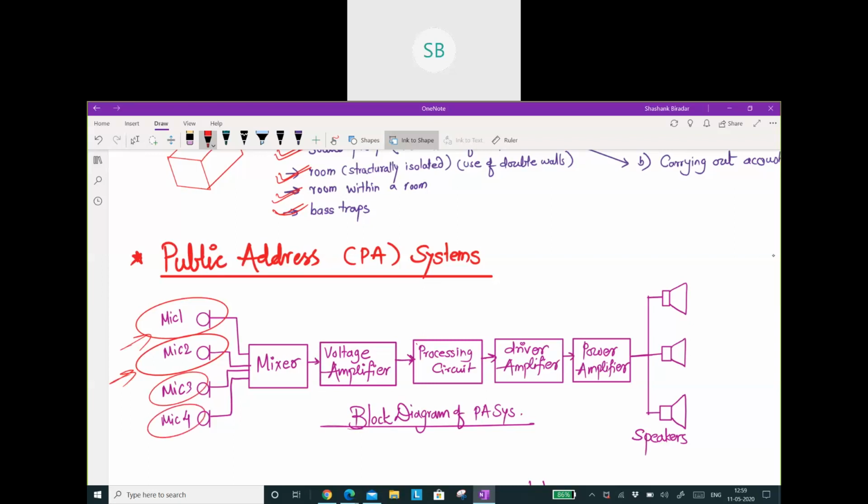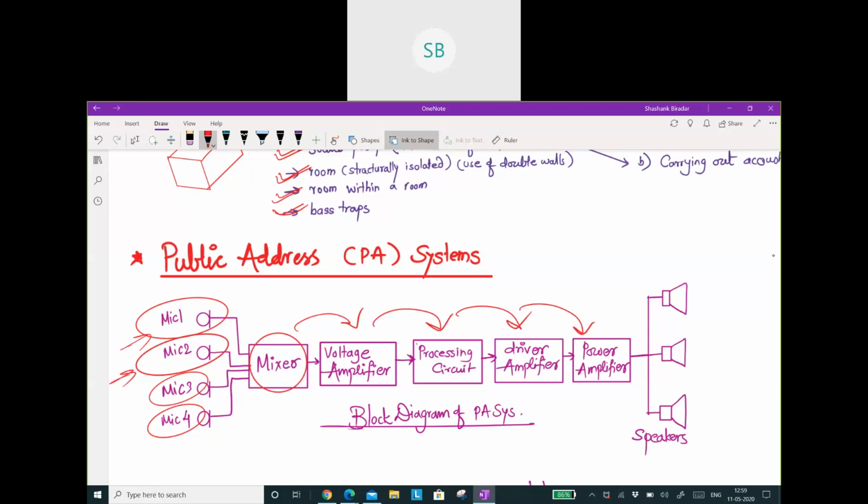All these microphones are fed to the mixer. Then we use a voltage amplifier, then a processing unit, then a driver amplifier, a power amplifier, and the speakers. So what is the role of the microphone?